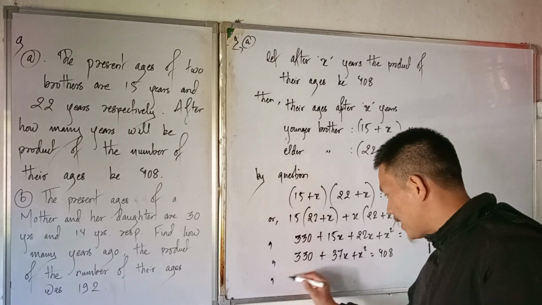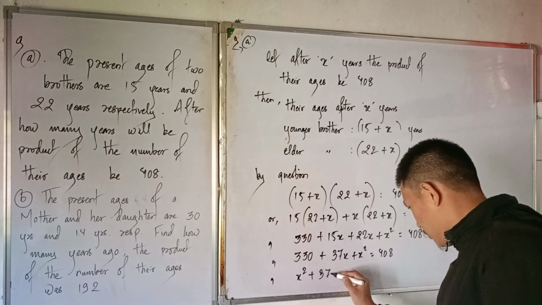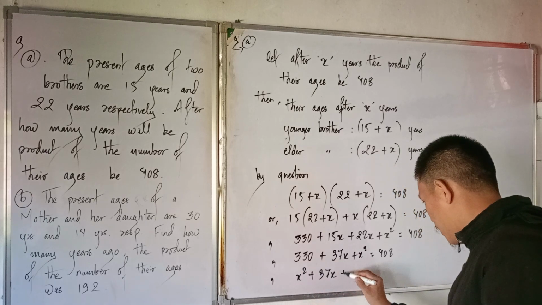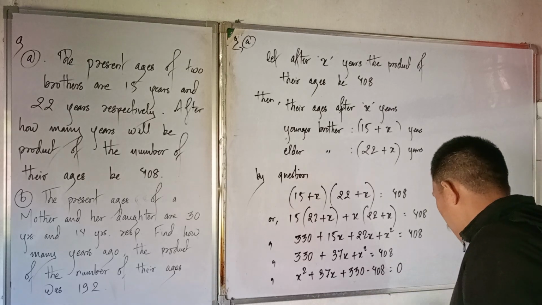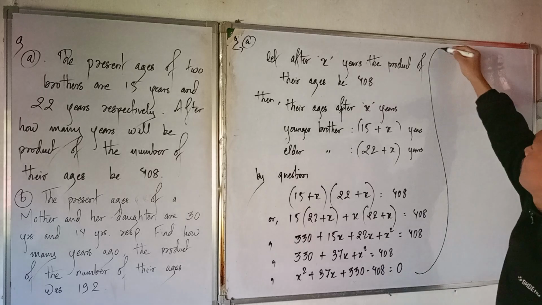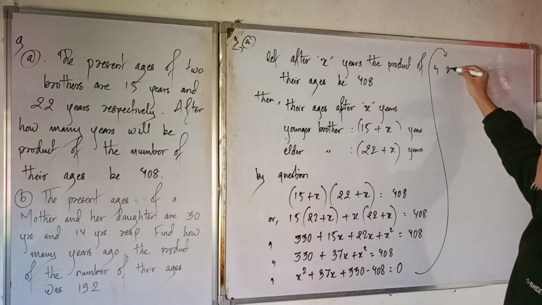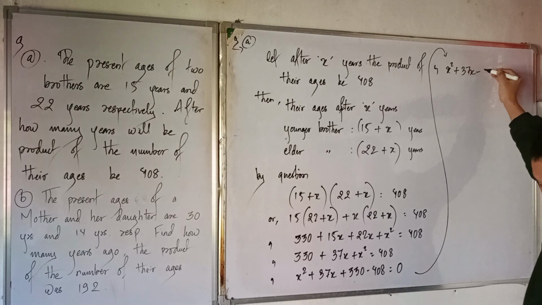Move this 408 to the left hand side: 330 minus 408 is minus 78. So x squared plus 37x minus 78 is equal to 0.